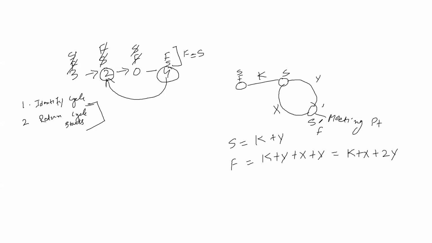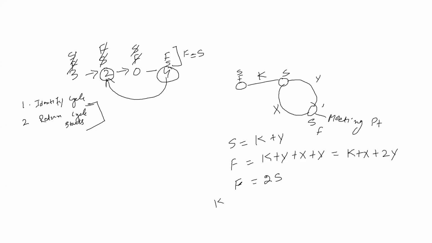So when the slow and fast pointers met at this meeting point, the distance the slow pointer took is k plus y, and the fast pointer took the distance k plus x plus 2y. The speed of the slow pointer was 1 step at a time, and the fast pointer was 2 steps at a time. So our fast pointer is 2 times the speed of the slow pointer.